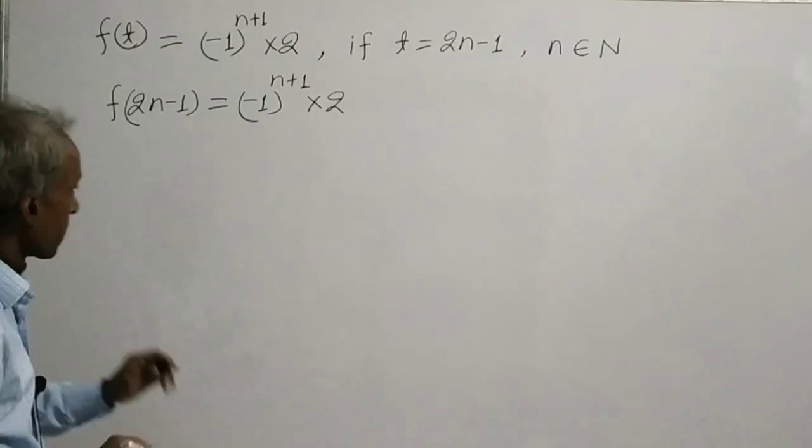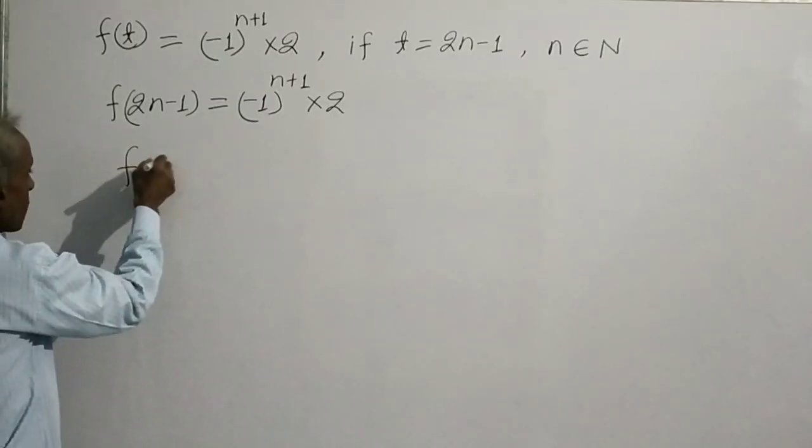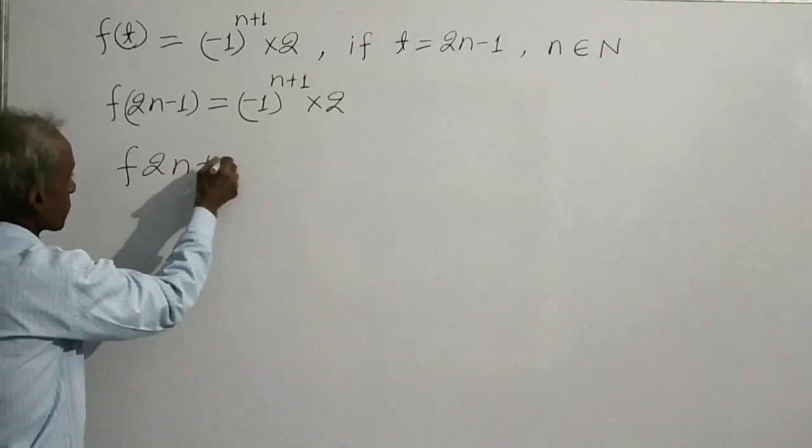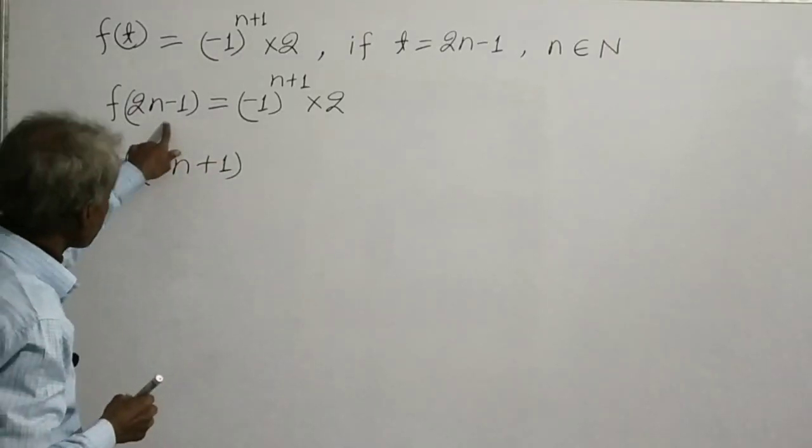Now we want to find the value of f(2n+1) by observing this.